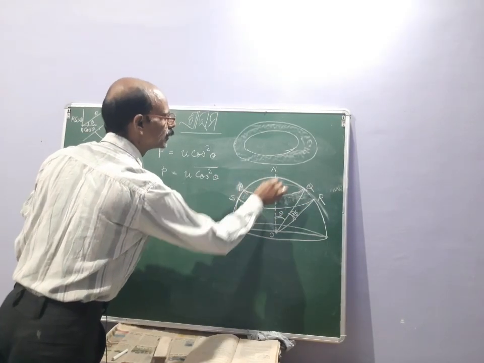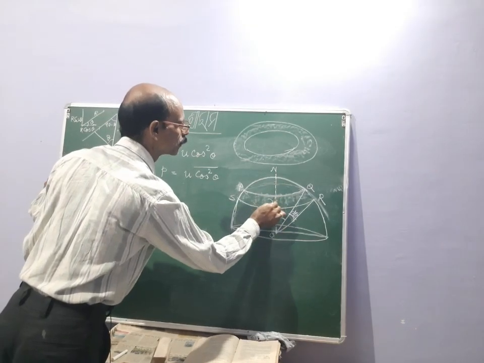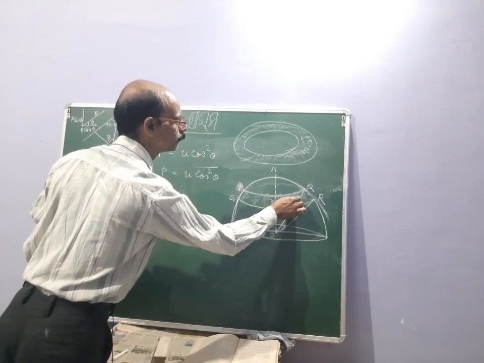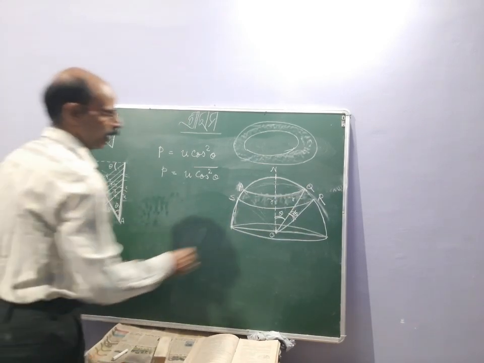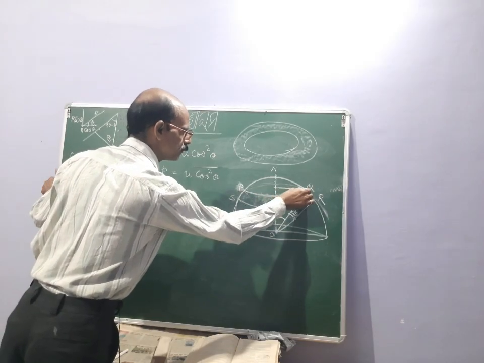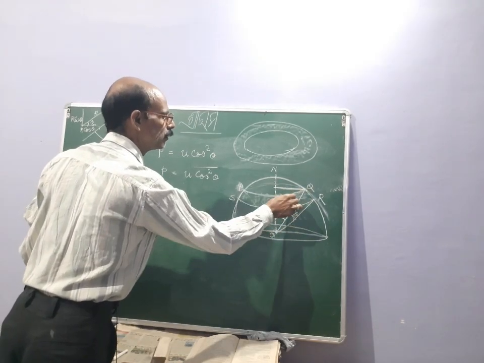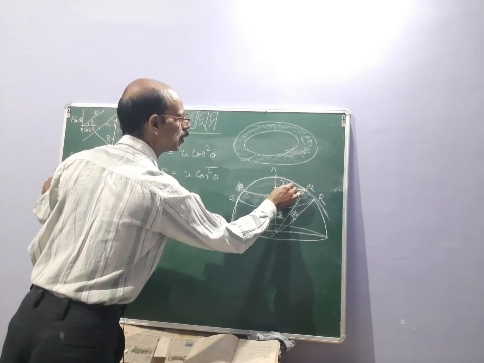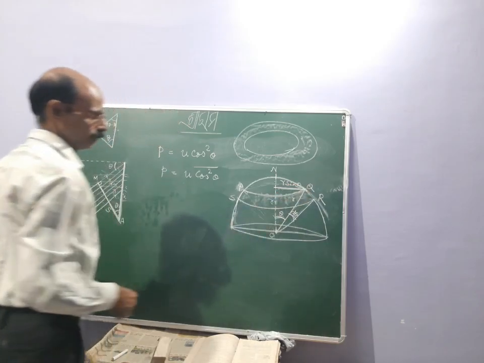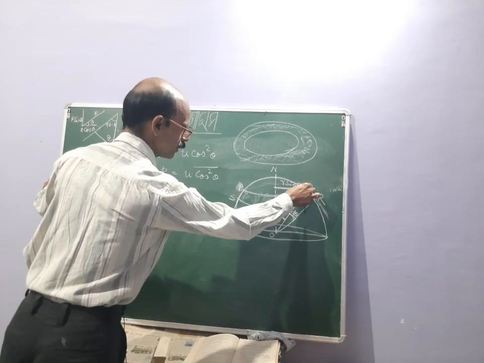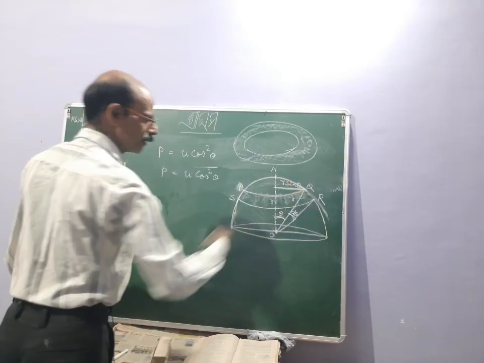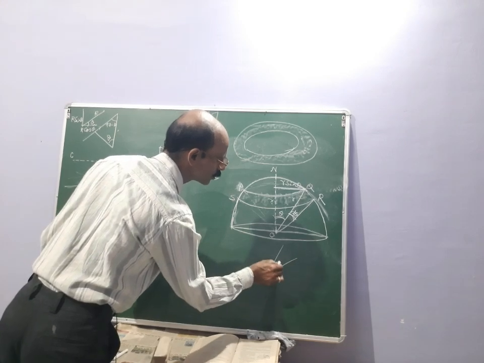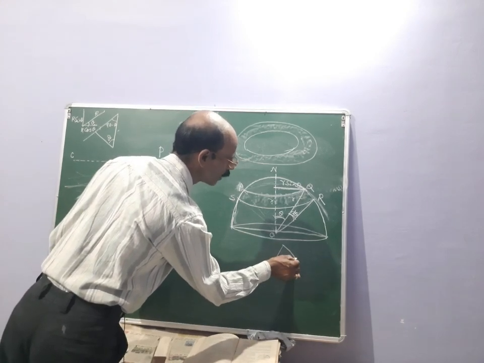Now, suppose this is small r, the radius of the hemisphere, so this is also small r. Then what will be this? This is theta, this is r, then it will be r sin theta. Sin theta is this by this, so this will be r sin theta. And one more thing, you consider this strip, this is d theta, then this arc will be how much?